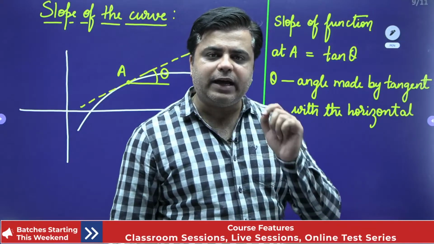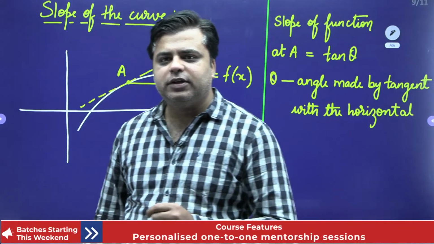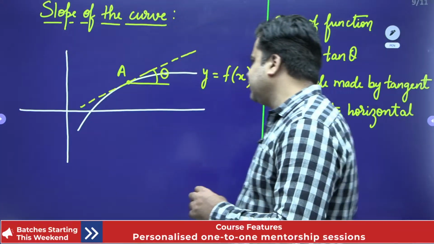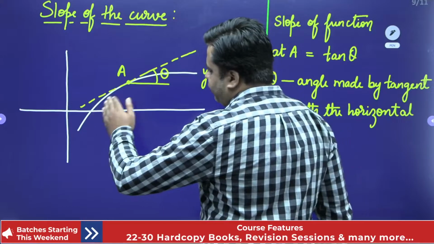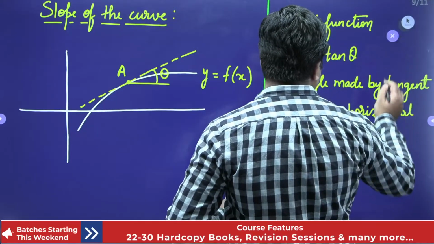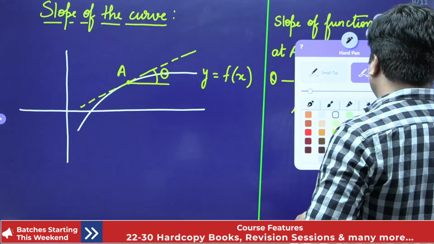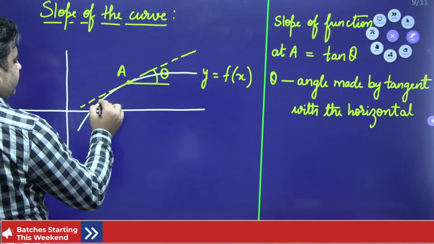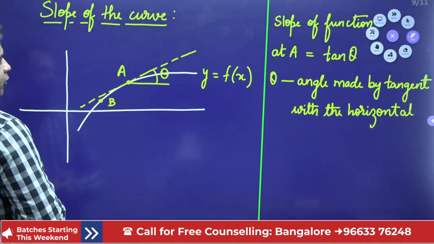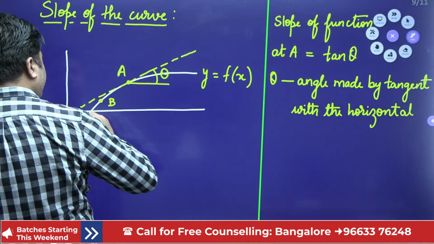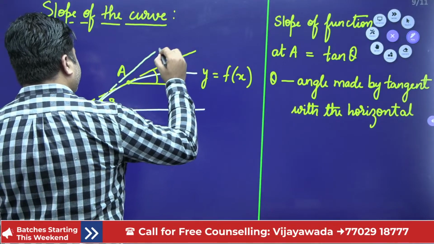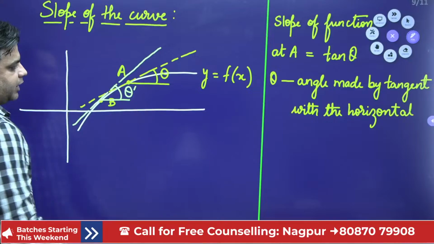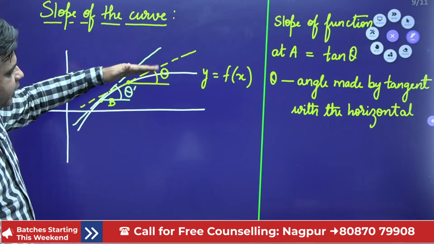Now, one assumption: the slope will change from point to point on the same function. Obviously, if you move to different points, you can have different tangents. Say I need to find the slope at point B. If you draw the tangent like this at point B, this angle is obviously some other value than this angle, or I should say this theta dash will be more than theta.